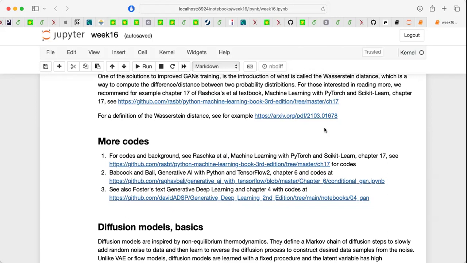Now, one of the models which has gained a lot of interest are so-called diffusion models. Diffusion models also build upon what we have seen earlier with variational autoencoders.